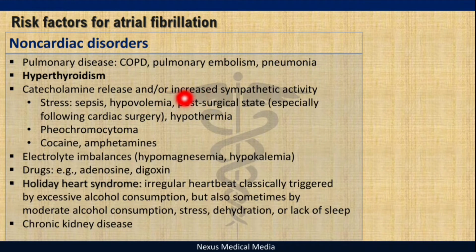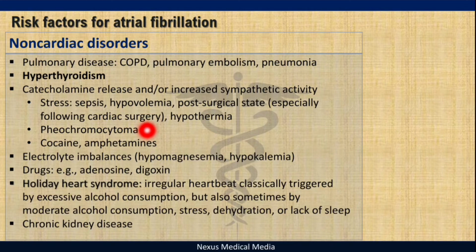So this increased sympathetic activity will cause stress, right? And this stress can be due to sepsis, hypovolemia, post-surgical state, especially after cardiac surgery, hypothermia. Next is pheochromocytoma. This is a tumor of the adrenal medulla, right?